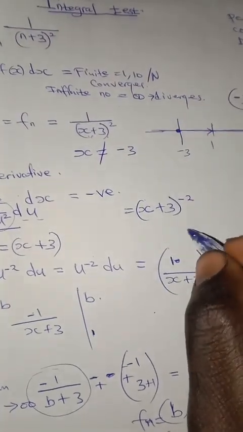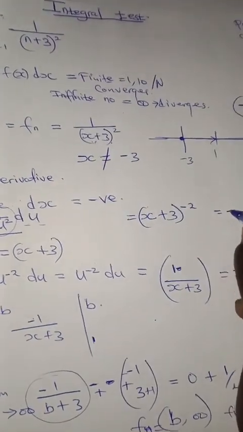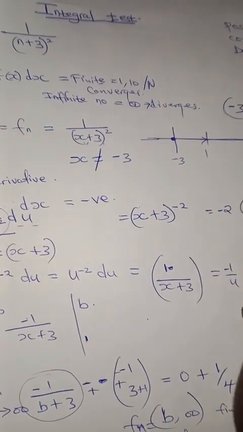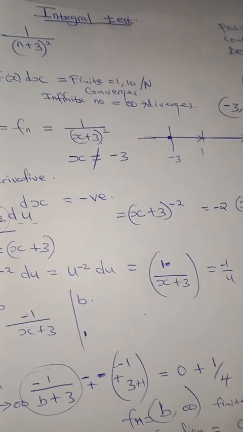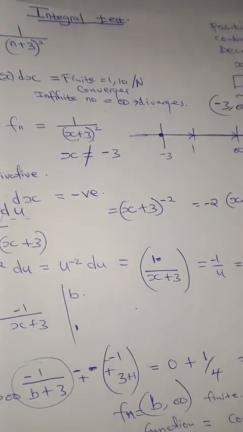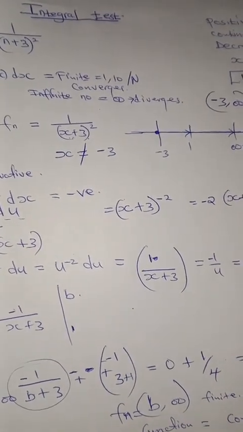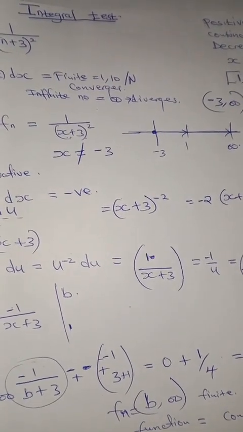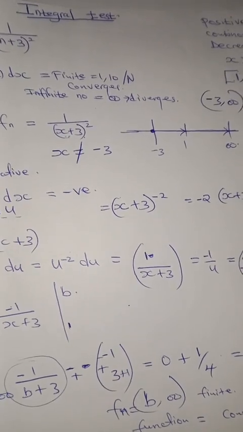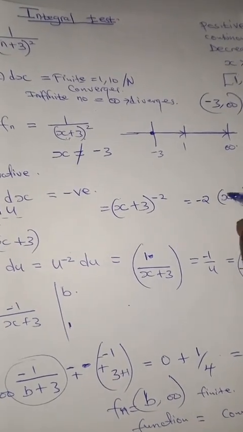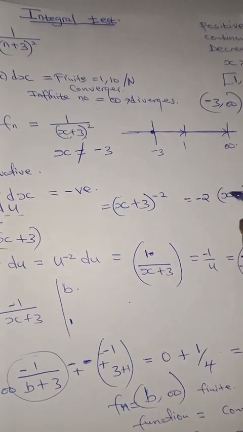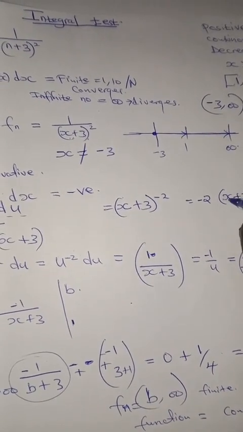Then we get negative 2 times (x plus 3) raised to the power negative 3, multiplied by the derivative of x plus 3, which is 1.